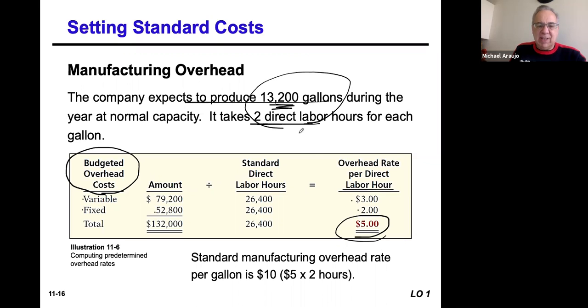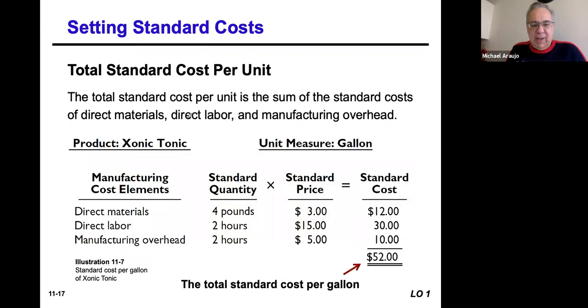And because it takes 2 labor hours to create one of these, $5 an hour, that's per labor hour, but it takes 2, so it's $10. So there we have the total.